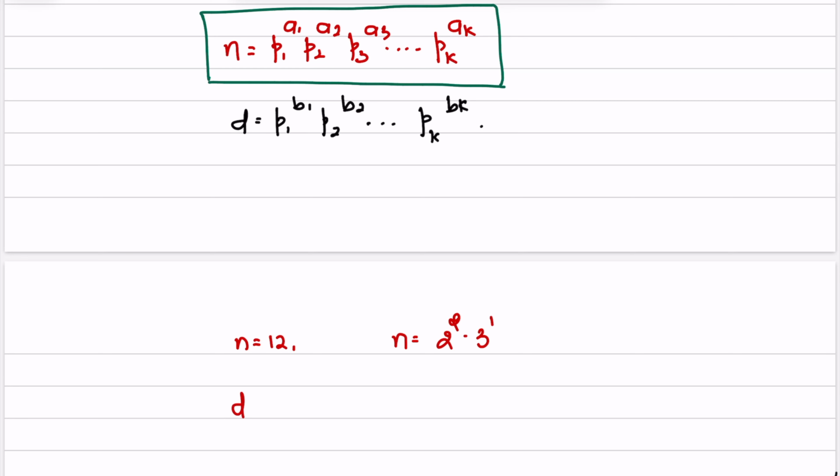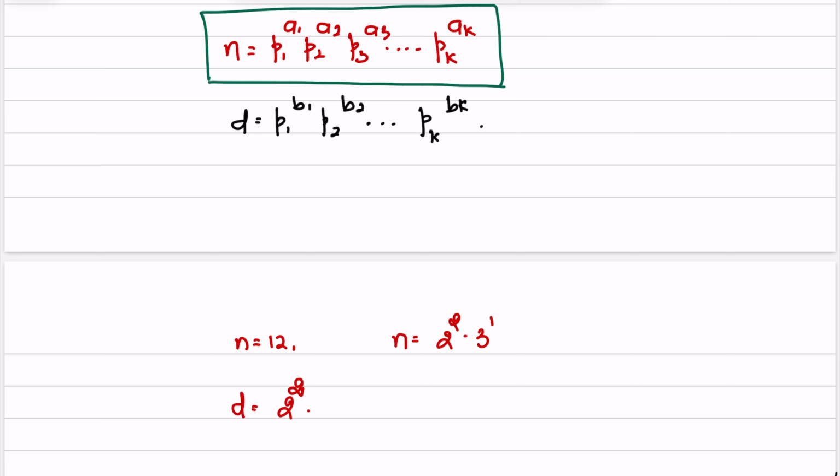But D should be some P1 to the power of B1. The divisor should be a perfect square. For D to be a perfect square, D should be 2 to the power of 2 only. It cannot be 3 to the power of 1 because 3 to the power of 1 is not a perfect square. Are you able to understand?